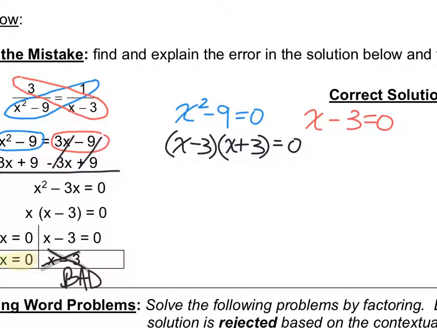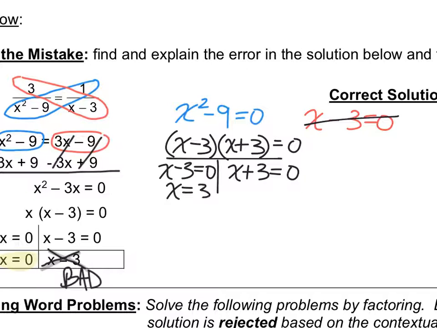All right? One of the factors, the x minus 3 factor, corresponds with the x minus 3 that's in the other denominator. So that tells me I don't have to worry about this. So I could just set these equal to 0 and get x equals 3 and x equals -3.